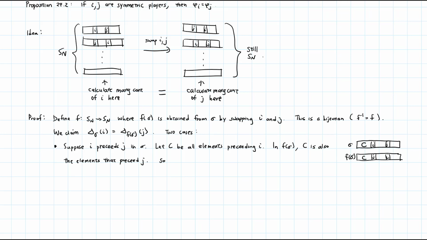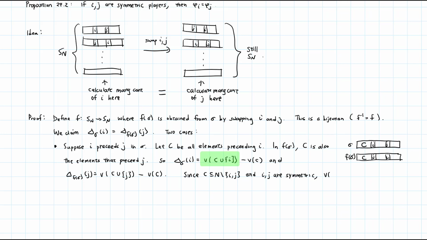So the marginal contribution of i in sigma is V of C union i minus V of C. And the marginal contribution of j in f of sigma is V of C union j minus V of C. Since C does not contain i nor j, and i and j are symmetric, V of C union i is equal to V of C union j. So the two marginal contributions are equal.